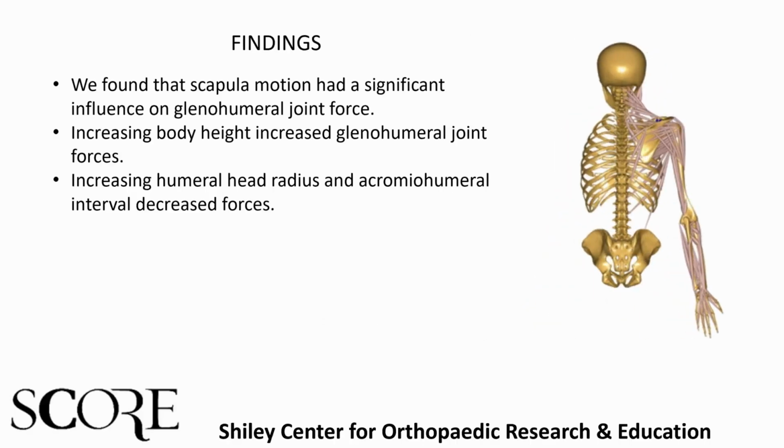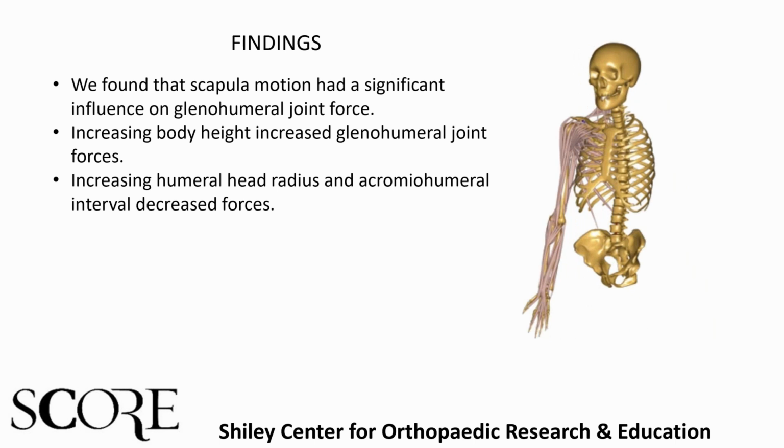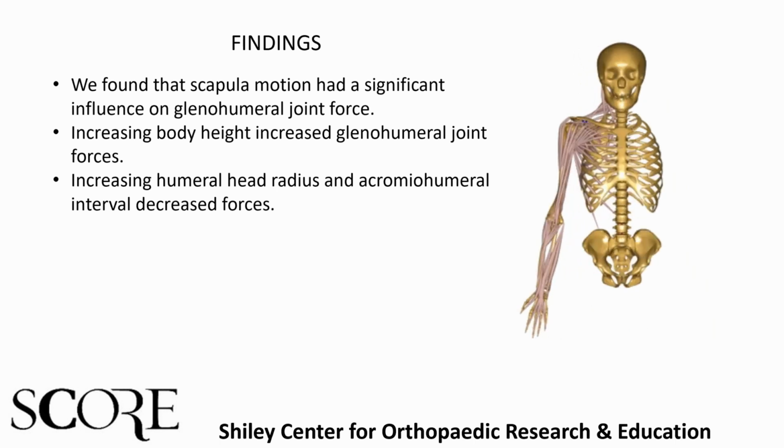So what we found was that the scapula motion has a significant influence on the joint force, the force that the shoulder joint sees. We also found that increasing body height also increased joint force.